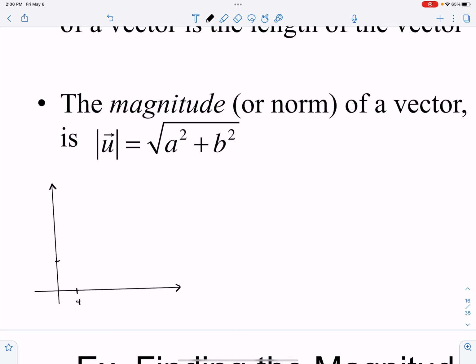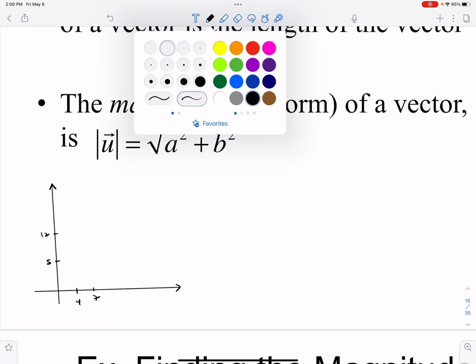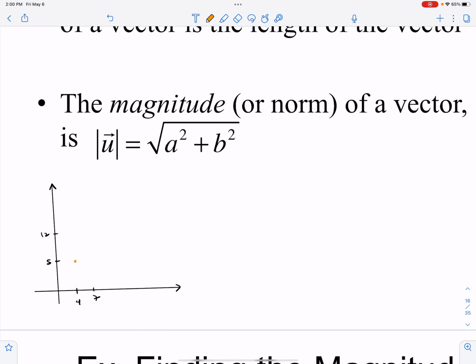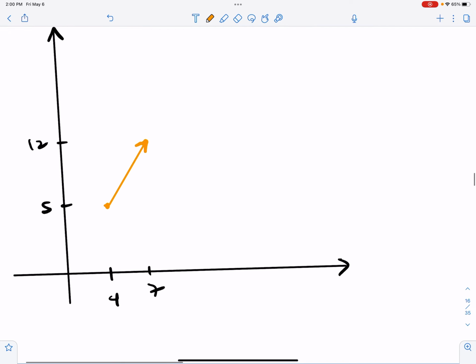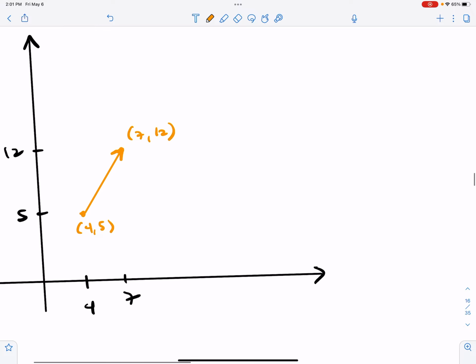So like the example that's above, where the initial point was 4, 5 and the terminating point was 7, 12. So this point being 4, 5, this point being 7, 12. You can just think about using distance formula.